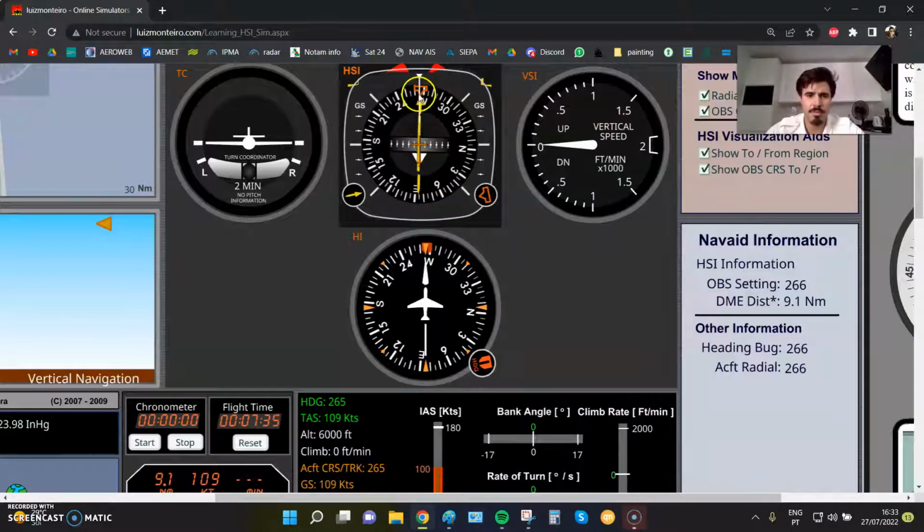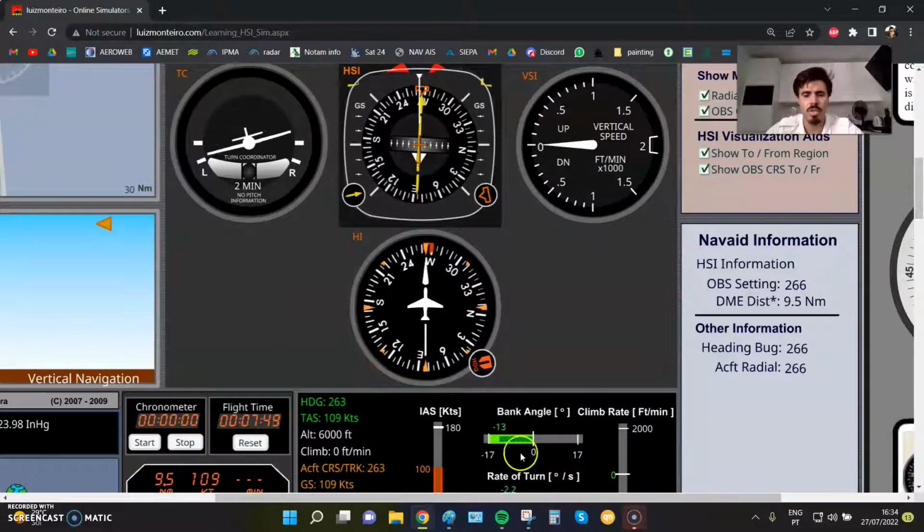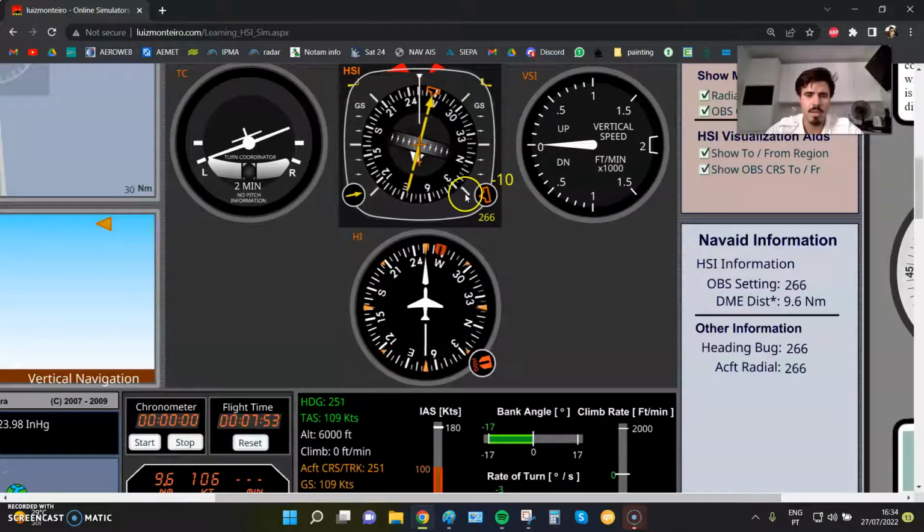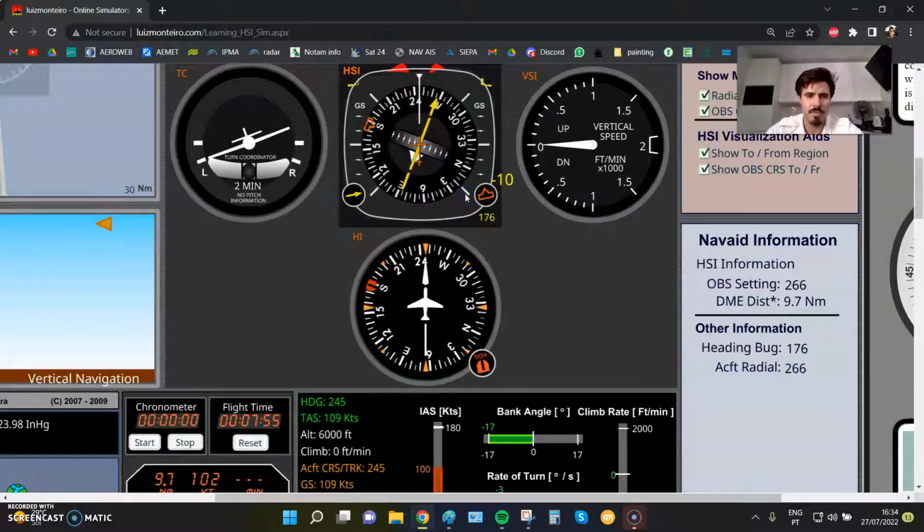We're going to turn left to 175 to intercept the 10 DME arc counterclockwise. Here we are, 9.4 and 9.5. Here we go, turning left to 175.